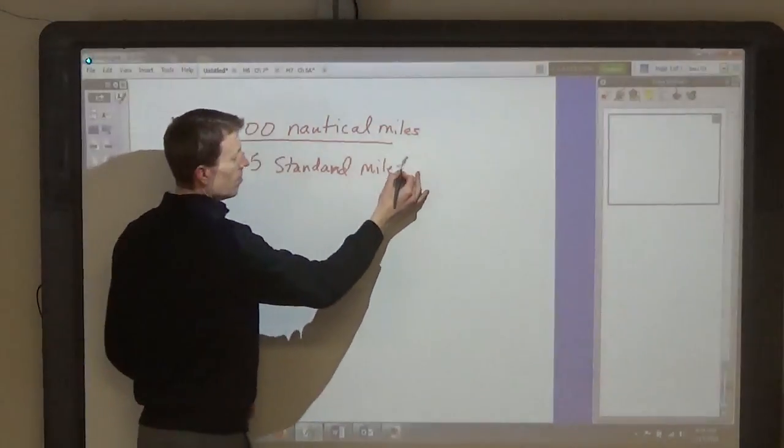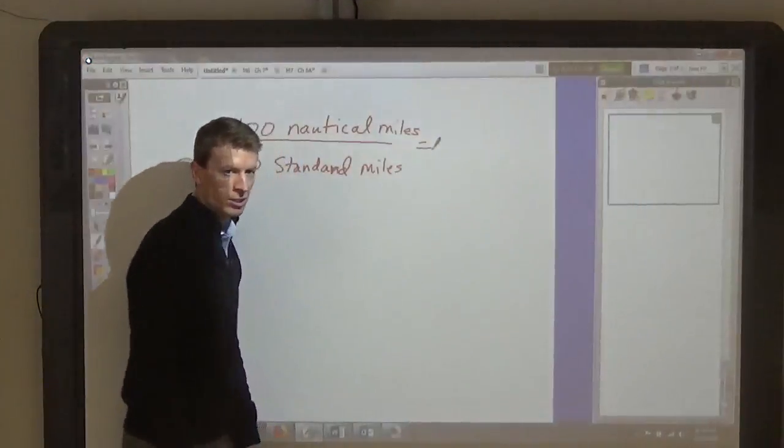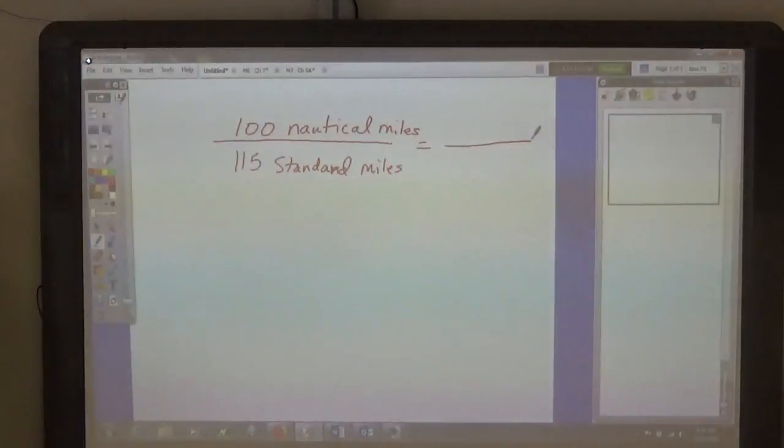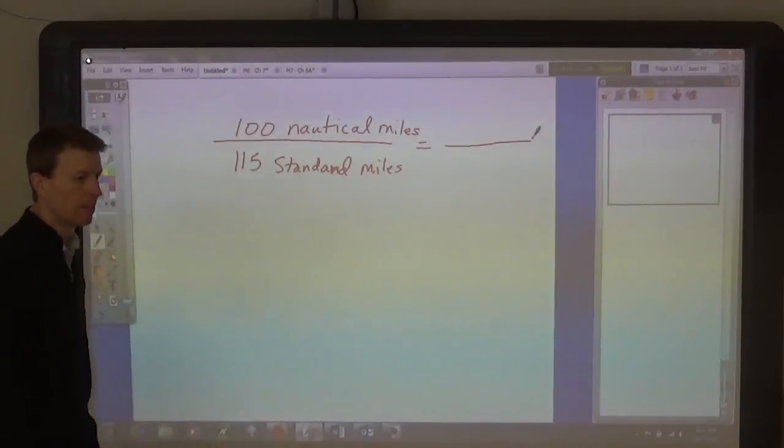Okay. Then write the equal sign and make another ratio. And then it says, to the nearest mile, how far in statute miles is 156 nautical miles?